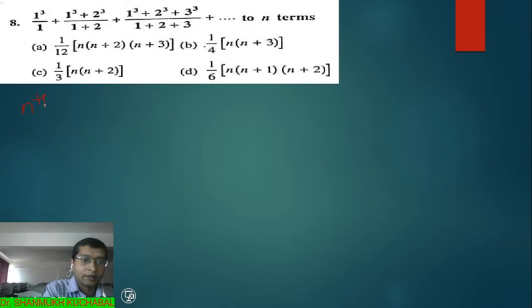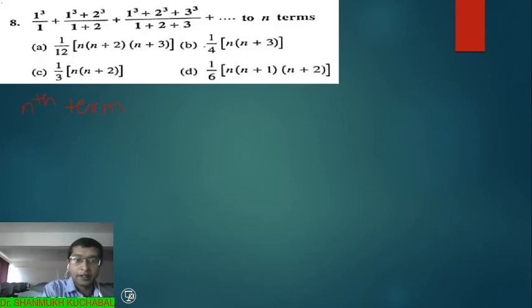The nth term is equal to 1 plus 2 plus 3, like that. So in the earlier example we have taken summation n, but here each and every term is a cube, summation of n cube we can write, whole divided by 1, 1 plus 2, 1 plus 2 plus 3.